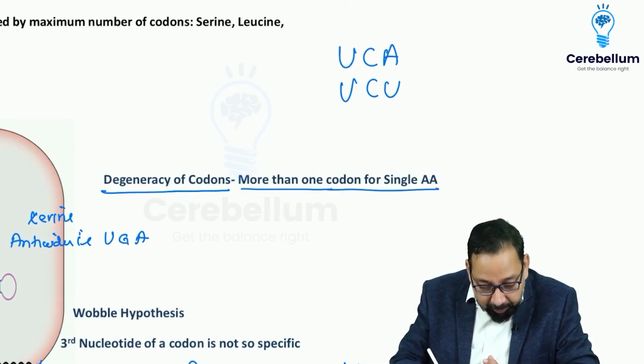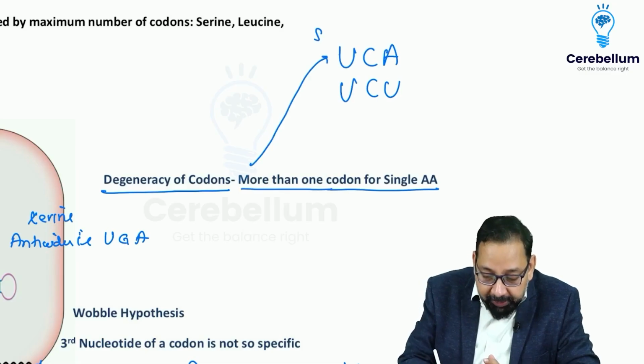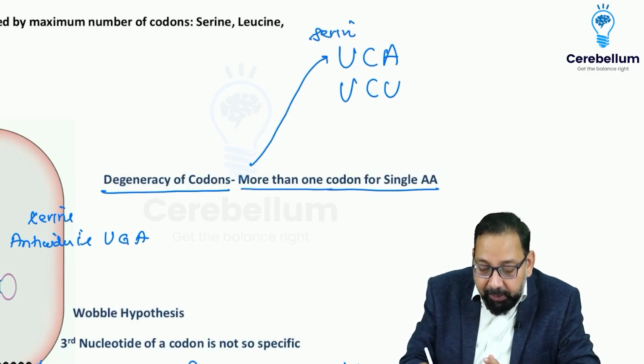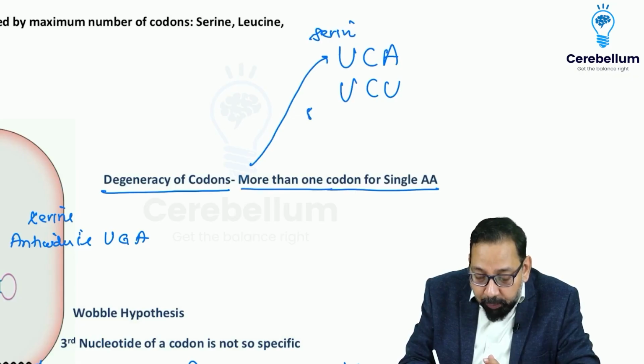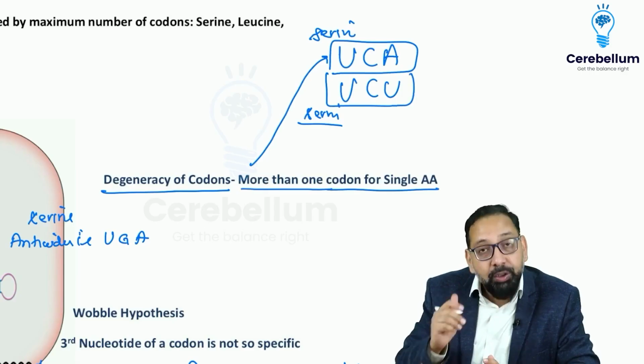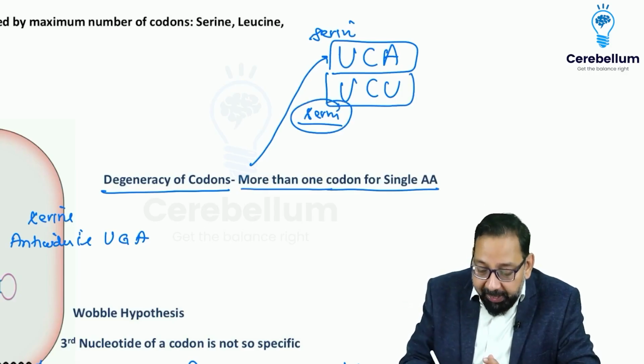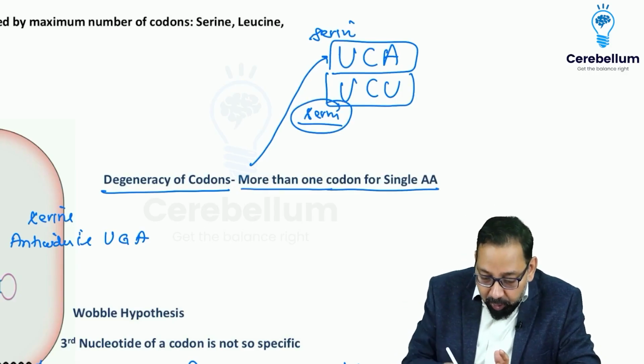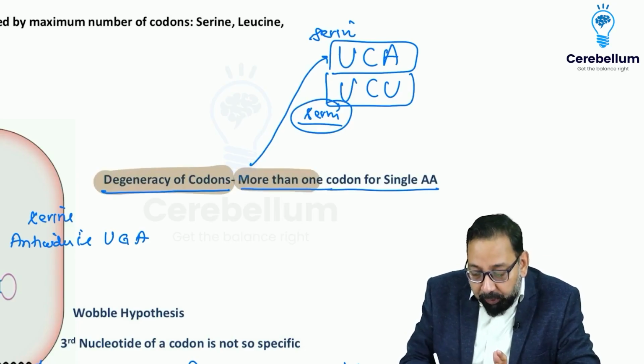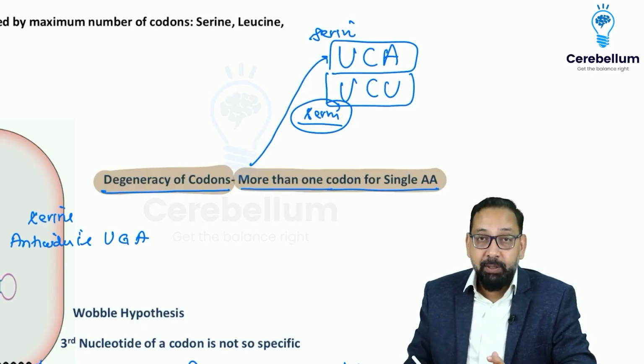I take an example: UCA codes for serine, and UCU again codes for serine. So UCA and UCU are 2 codons for the single amino acid serine, and this is called degeneracy of codons.